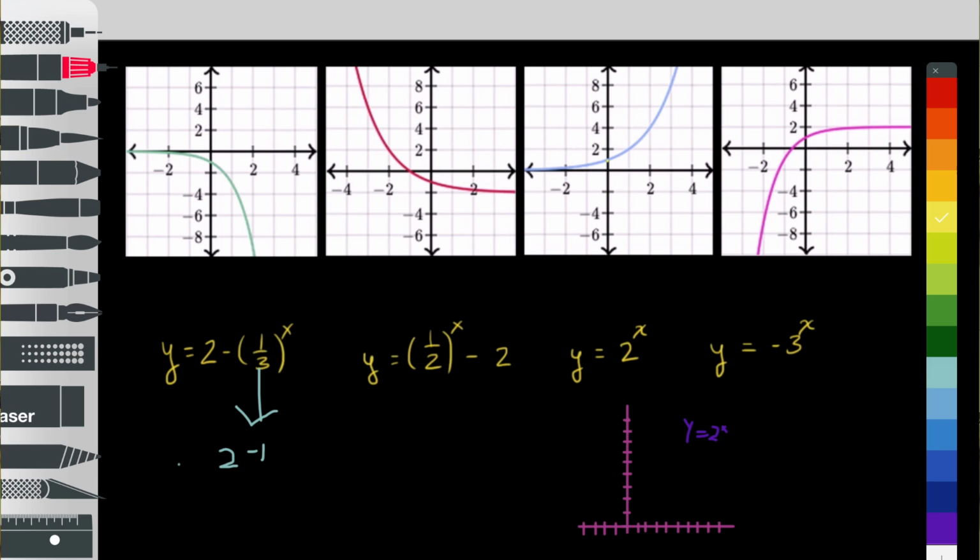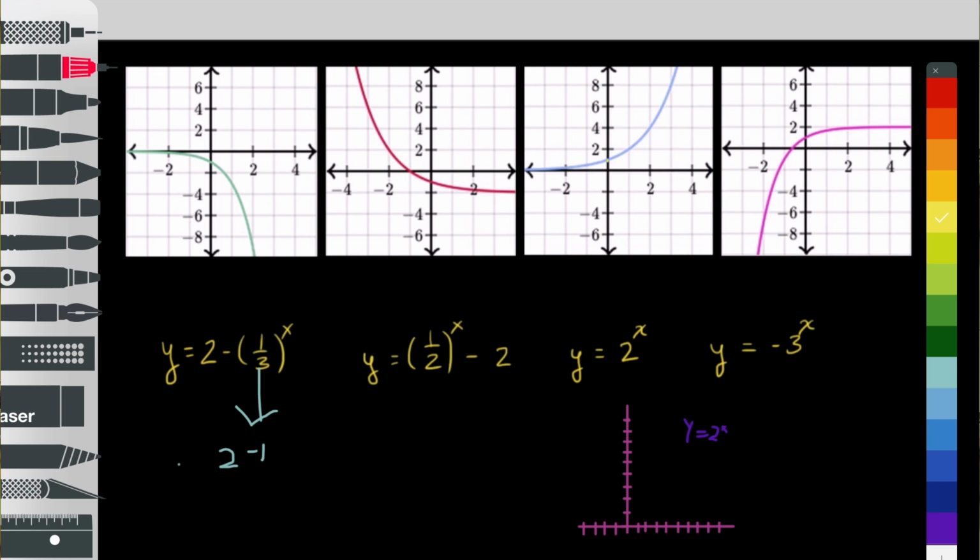Anything to the power of 1,000 is super big, but since this is 1/3, it's going to be 1/3 times 1/3 times 1/3 times 1/3, and so on.